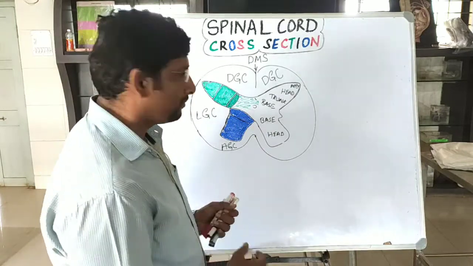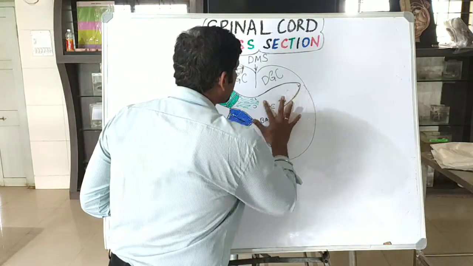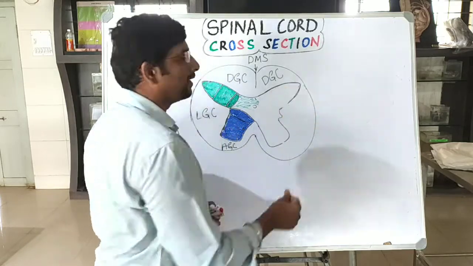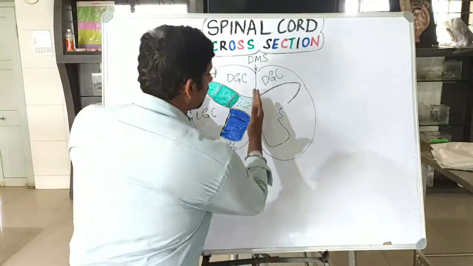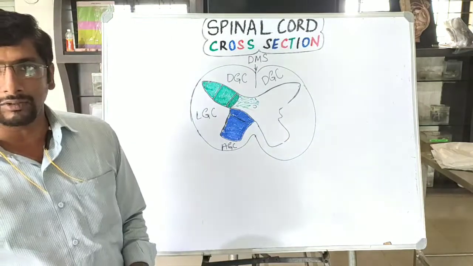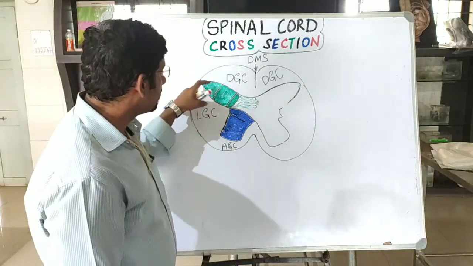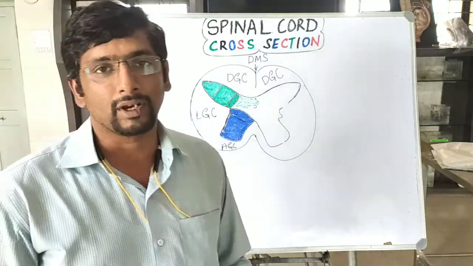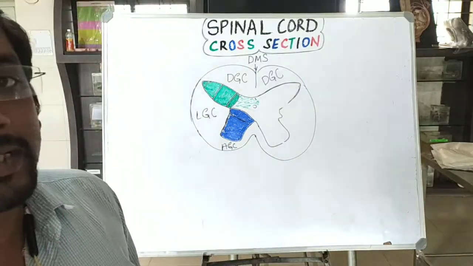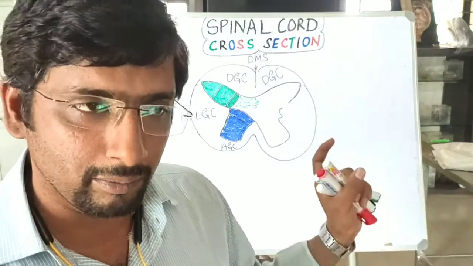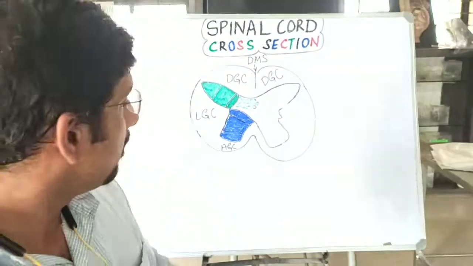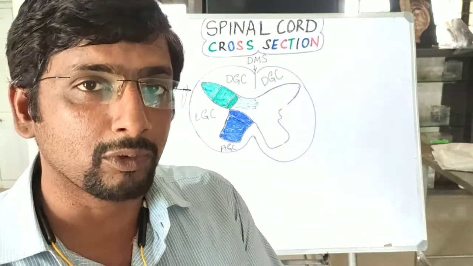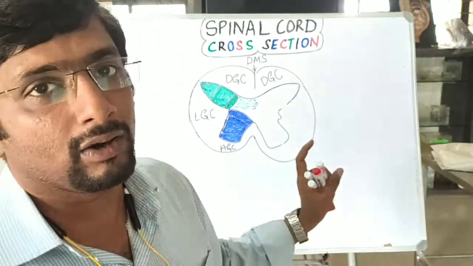So after this, I want your concentration on this portion of the spinal cord now. We have this green portion and the blue portion here. The green portion represents the sensory component of the gray column and the blue represents the motor component of the gray column.